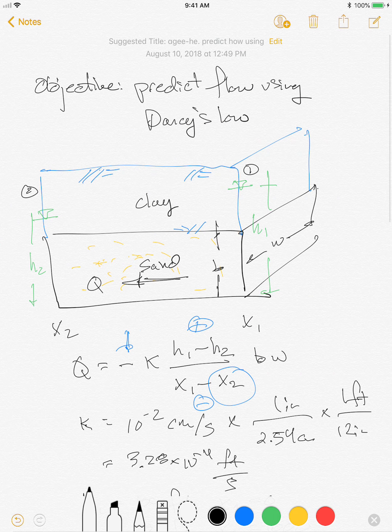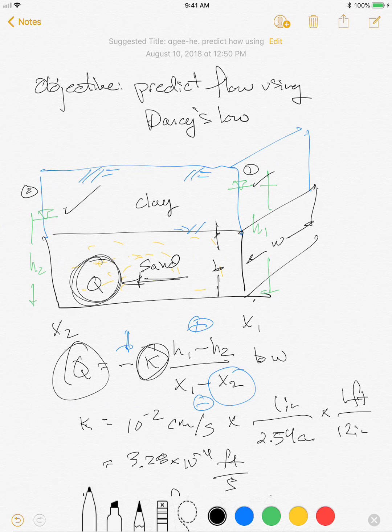Okay, and so that seems like a relatively straightforward bit of math, and it helps us estimate flow. And so if we happen to have a situation where you know what the water elevation is over here, and you know what the water elevation is over here, based on the material property and the distance between those 2 points, and of course the aquifer height and the aquifer width, then you can make some estimation for the amount of flow right here. And so it seems relatively straightforward, and this is the basis for all of our groundwater work.